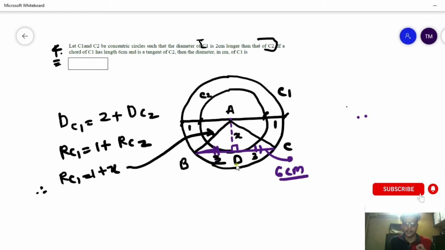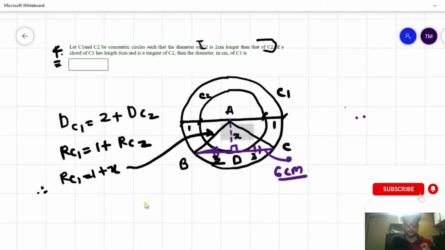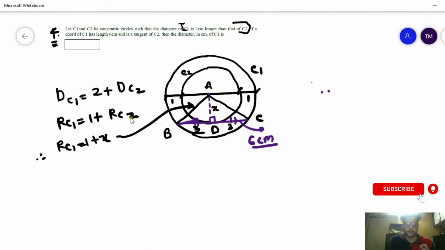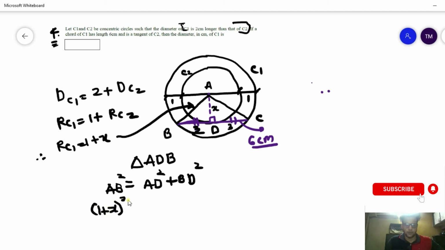Now, let's call this point D. In triangle ADB, apply the Pythagoras Theorem, wherein AB square is equal to AD square plus BD square. Now what is AB? It is (1 plus x) the whole square.